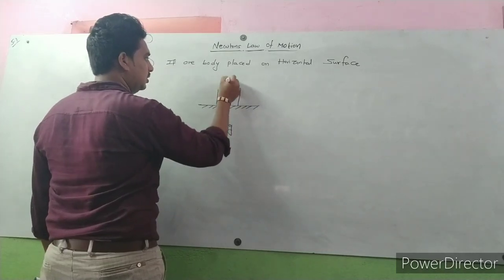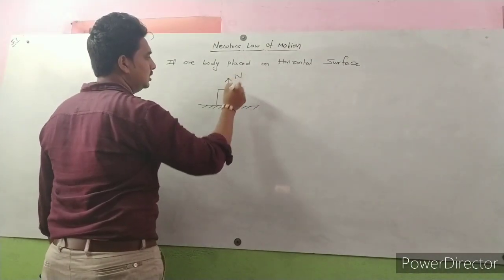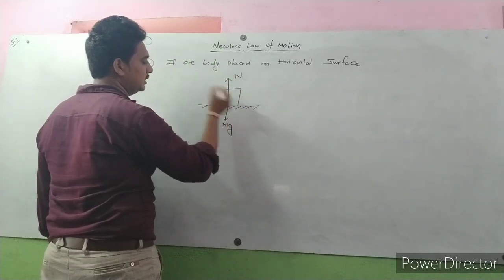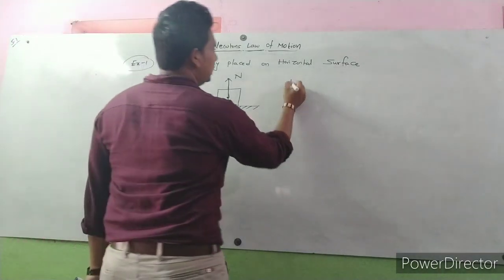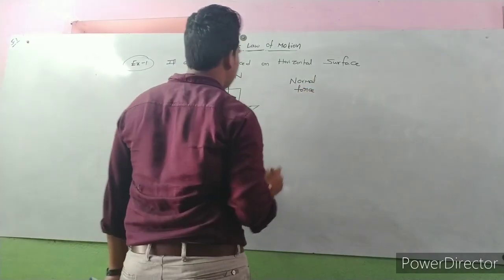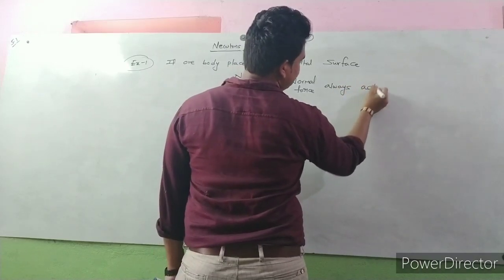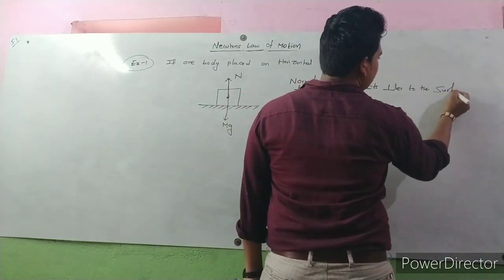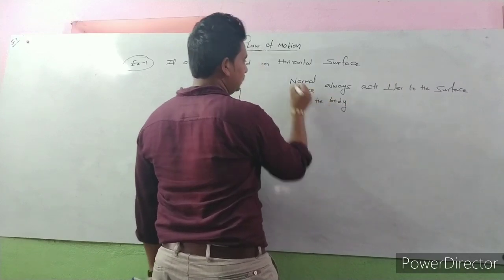This force N will be acting, and this force is called normal force, because it is the force which acts perpendicular to the surface of the body. Normal force always acts perpendicular to the surface of the body.